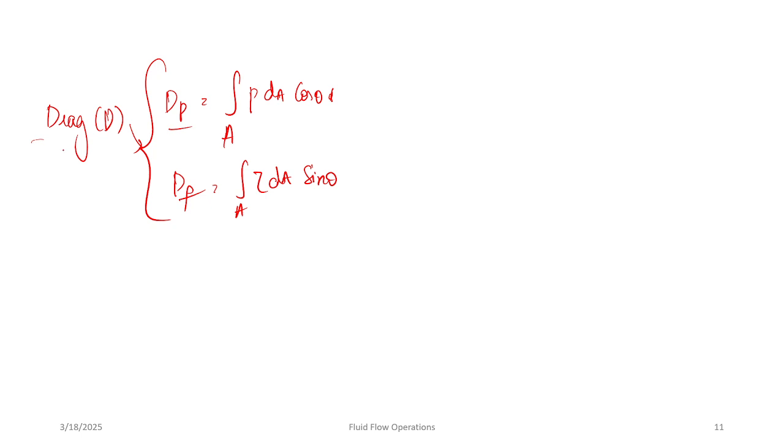So D will be dP plus dF, whose proportions vary with the shape of the body.